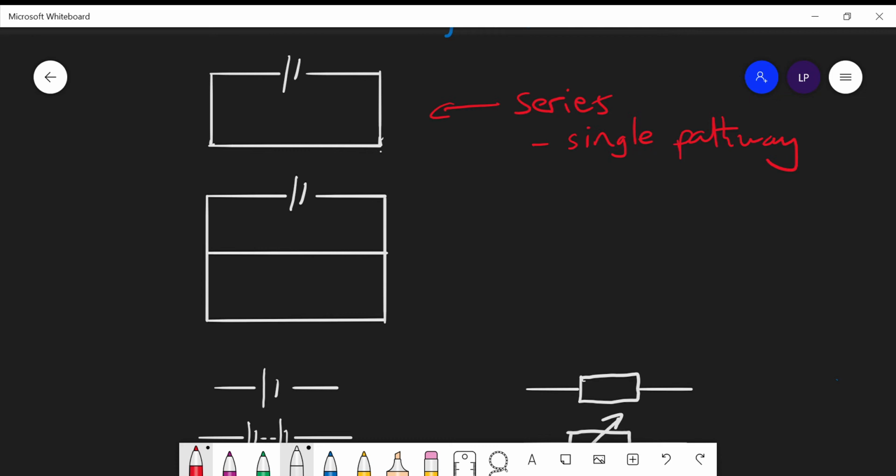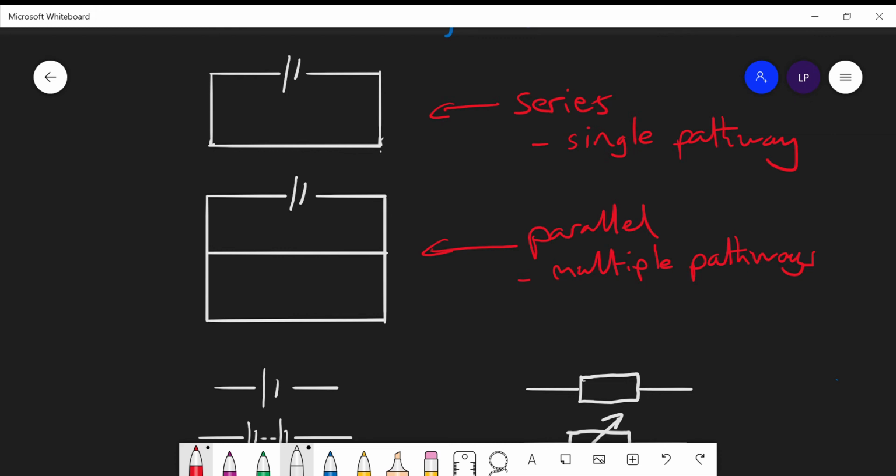The second type is this one, which is a parallel. This has multiple pathways. So components can be on any one or more of these pathways, and the current will flow through all possible pathways. The amount of current is dependent on the resistance, which we'll discuss later.